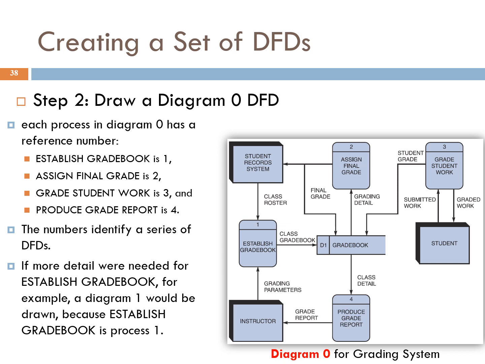If more detail were needed, for example, for establish gradebook, which is process 1, you will zoom into process 1 and you'll produce diagram 1. If you need more detail for process 2, you will produce diagram 2 because it is based on process 2.